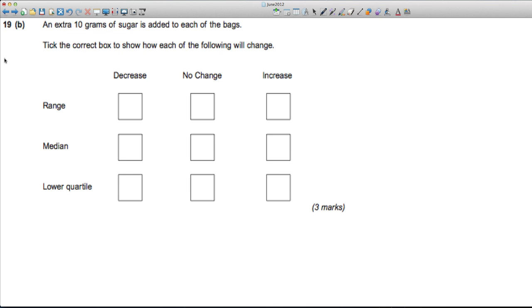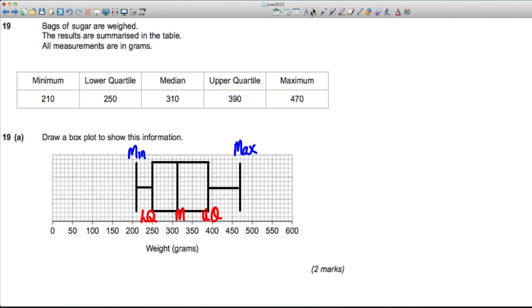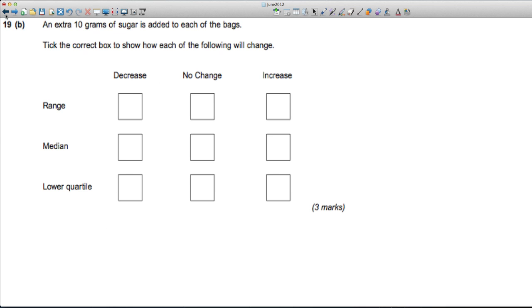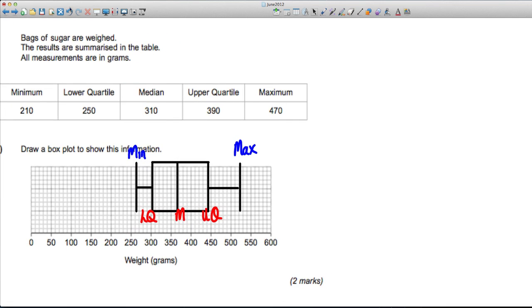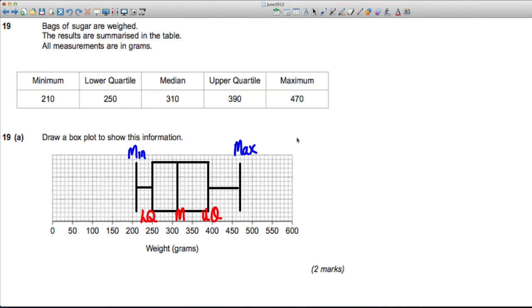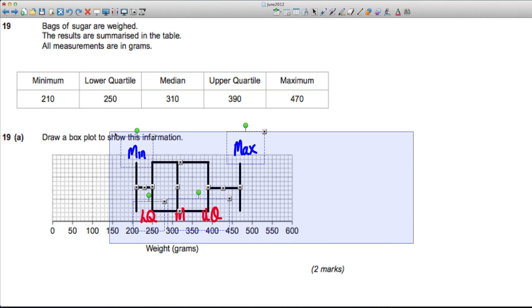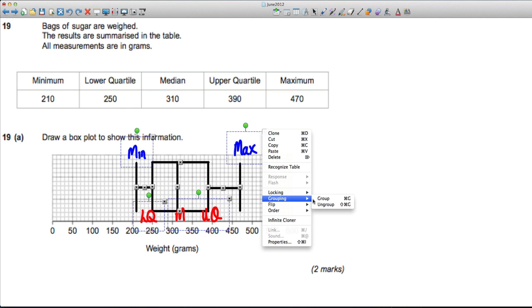Okay, an extra 10 grams of sugar is added to each of the bags. Tick the correct box to show how each of the following will change. Now, if 10 is added to each of these, let's just imagine every single bag has 10 grams added. Let's highlight these.